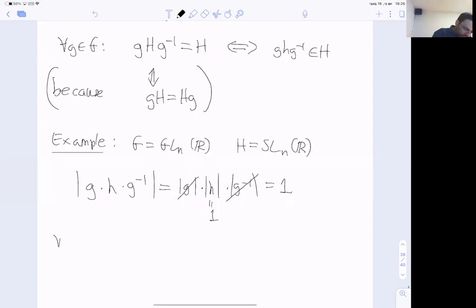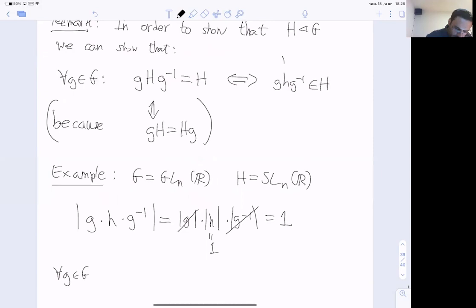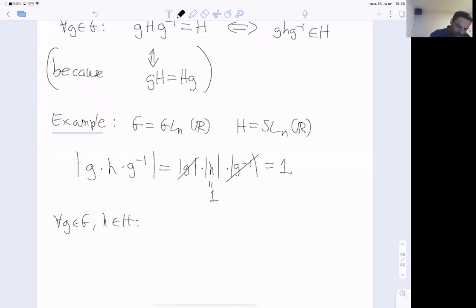So for any g and any h, ghg^-1 belongs to H. This is a matrix with determinant 1. So this is exactly like saying H is a normal subgroup in G, in general, not only here.